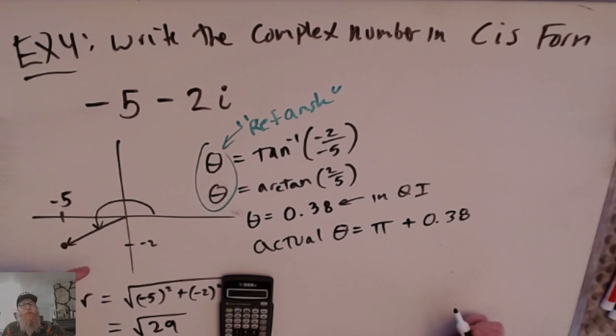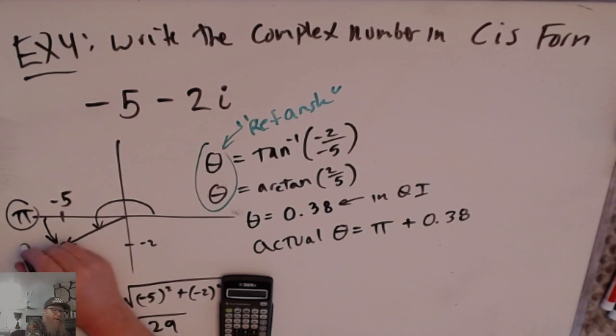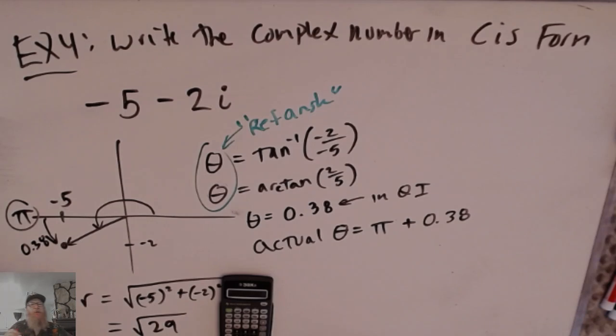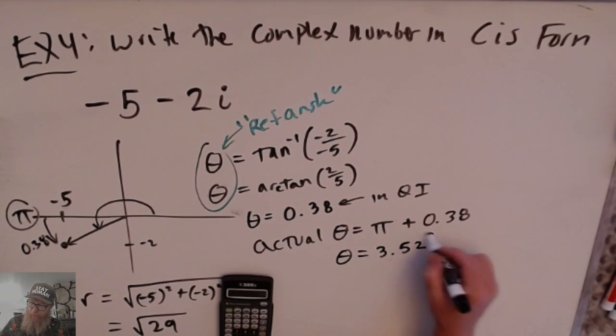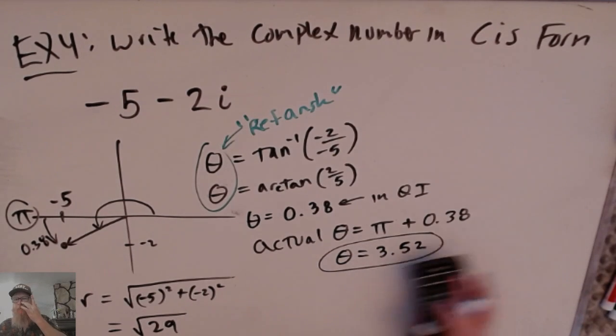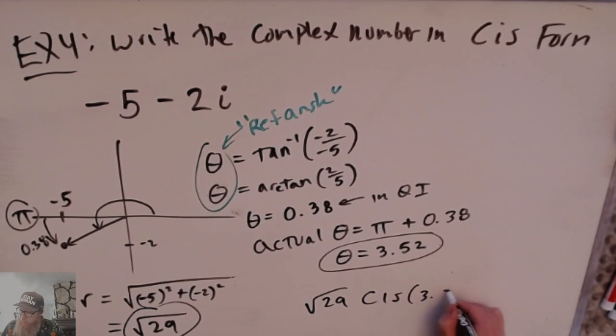Because we're in quadrant 3, 180 degrees is pi, so we're adding 0.38 to our pi. So our actual theta is 3.52. Okay, so we're done. So CIS form would be square root 29 CIS 3.52.